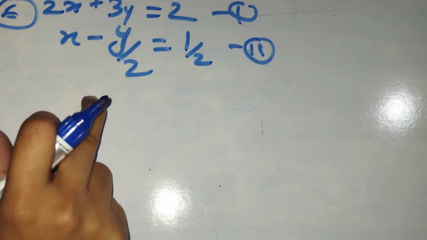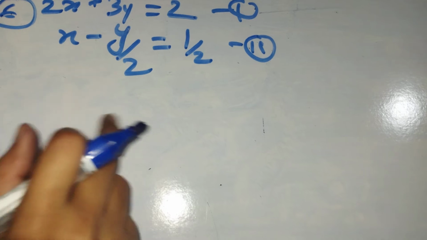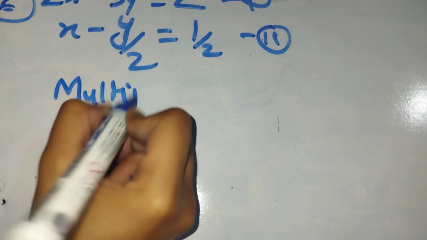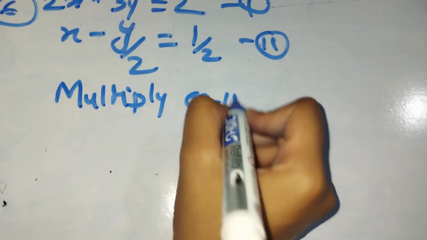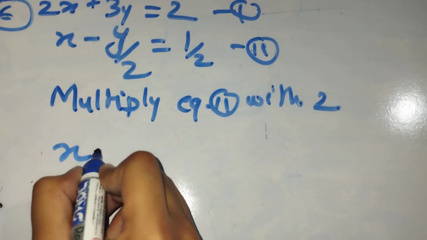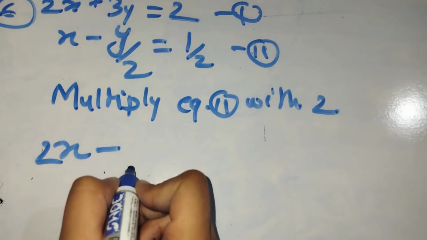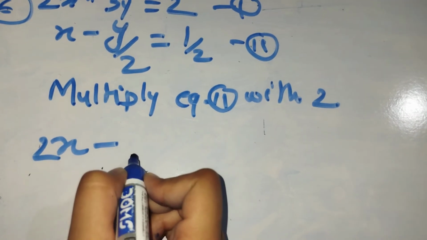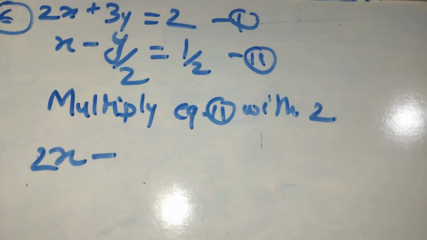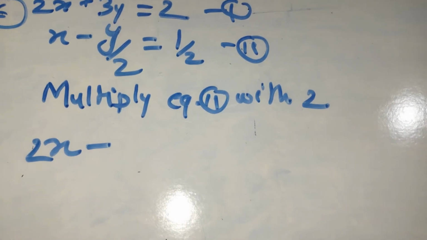So what you have to do in this, first multiply equation 2 with 2 so that the denominator 2 is removed. So you will get 2x. I'm doing it directly, but you have to multiply each and every term with 2, and after that comment to me that you also get the same equation after multiplying.